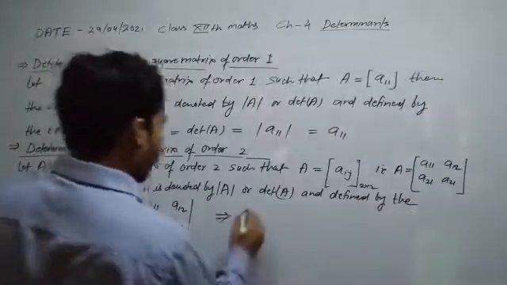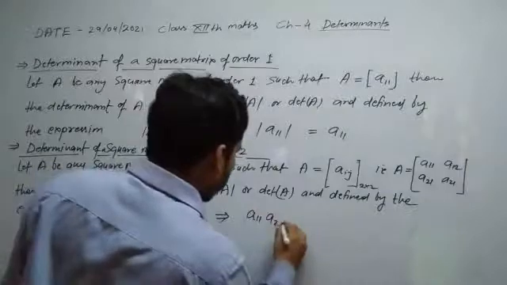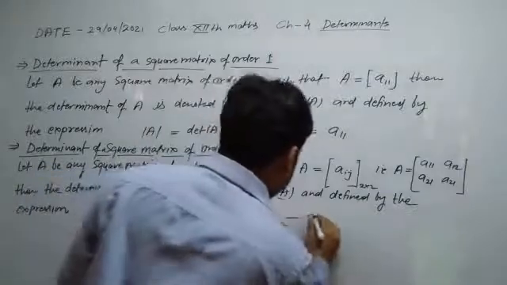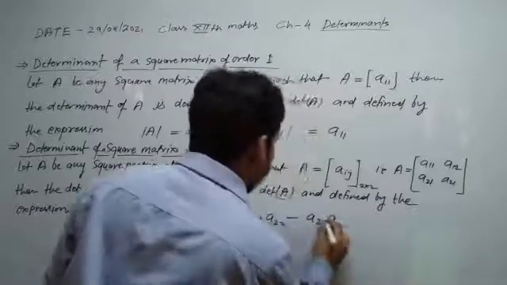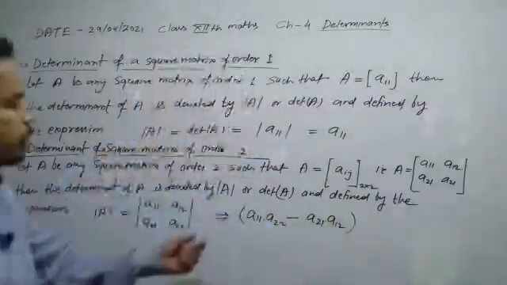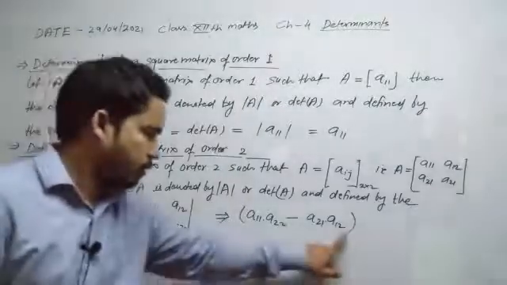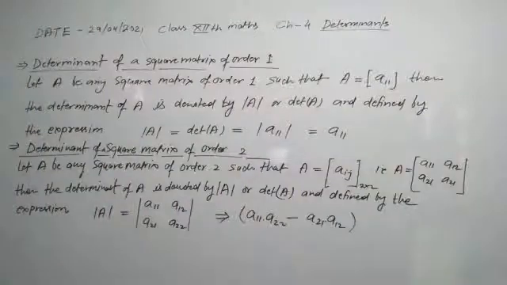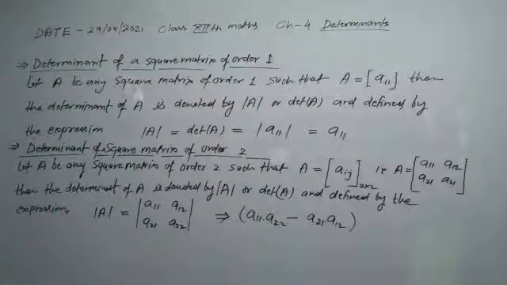This implies A11 A22 minus A21 A12. So this is its value, the unique value of the determinant of order 2 cross 2.